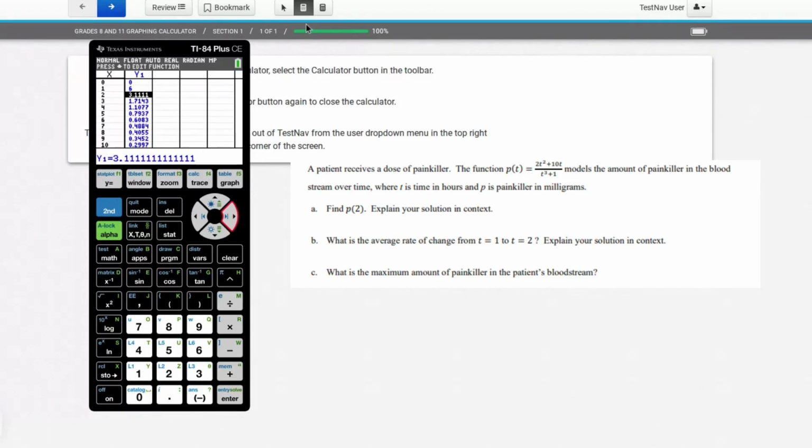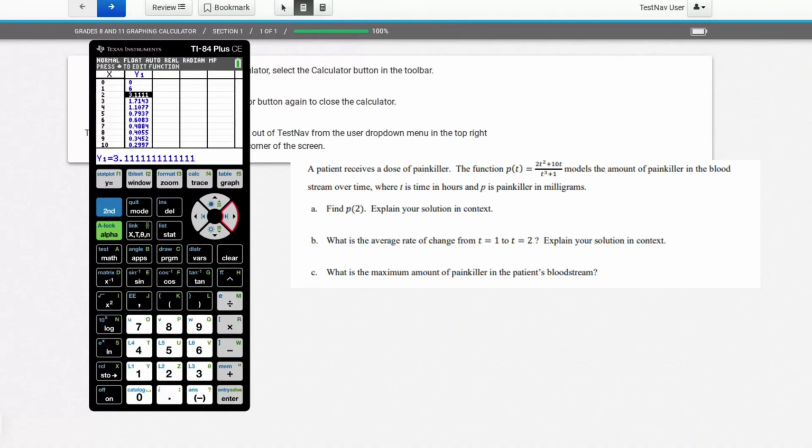What is the average rate of change from 1 to 2? All right, so if I go from 1, I don't have 1, but I have 2, which is 3.111. Okay, I have 1, which is 6. So if I were to set this up, it's f of 2 minus f of 1 over 2 minus 1. So I'm doing a lot of mental math here. Okay, and I'll explain this better when I write it out.